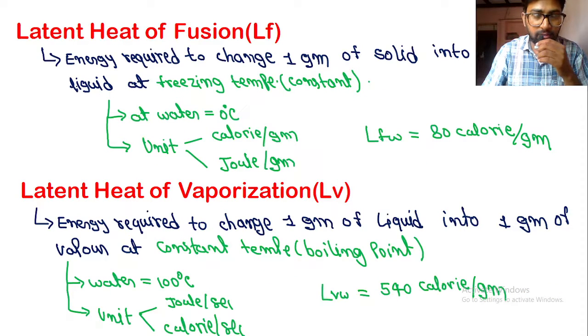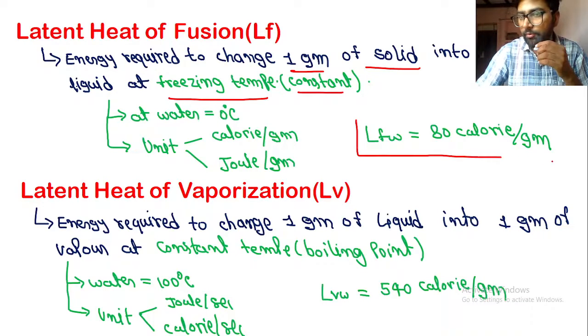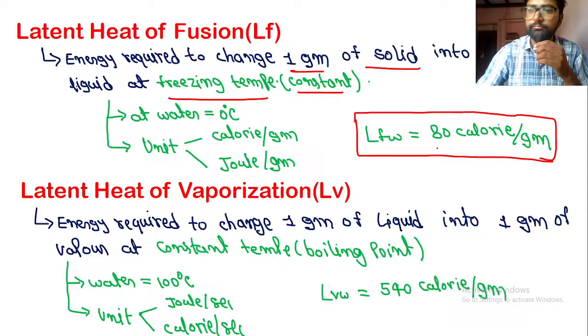This is another concept, the same concept but in a more descriptive way. The latent heat of fusion is the energy required to change 1 gram of solid into 1 gram of liquid at the freezing temperature, which is constant. For water it is 0 degree Celsius, unit is calorie per gram, joule per gram, and the latent heat of fusion of water is 80 calorie per gram.